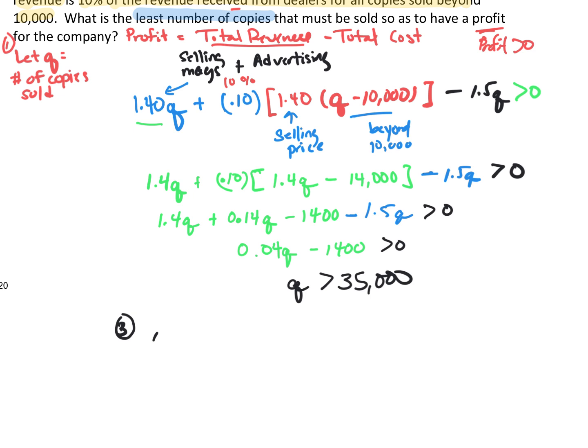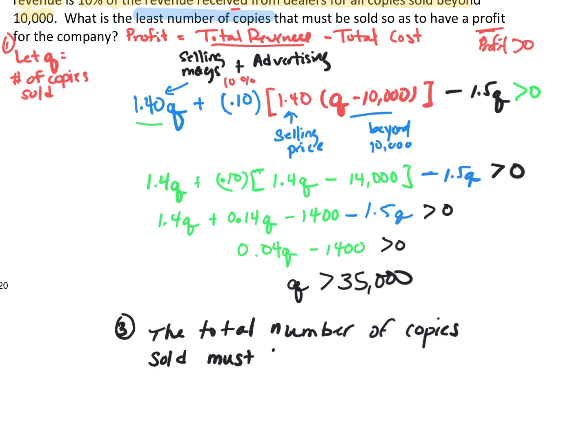The total number of copies sold must be at least 35,001 copies to make a profit.